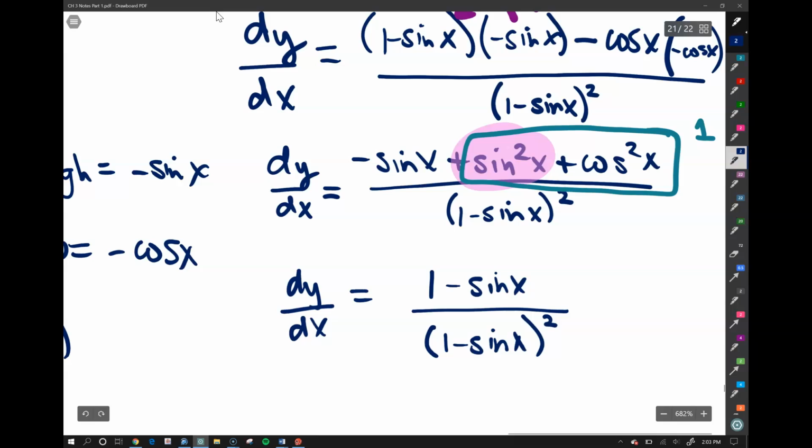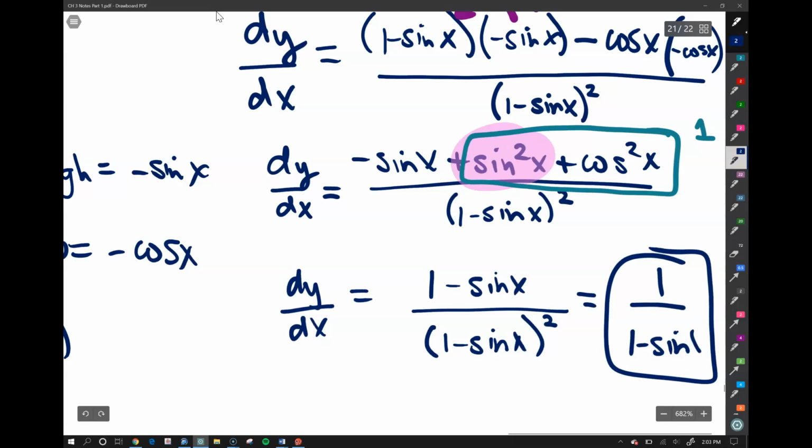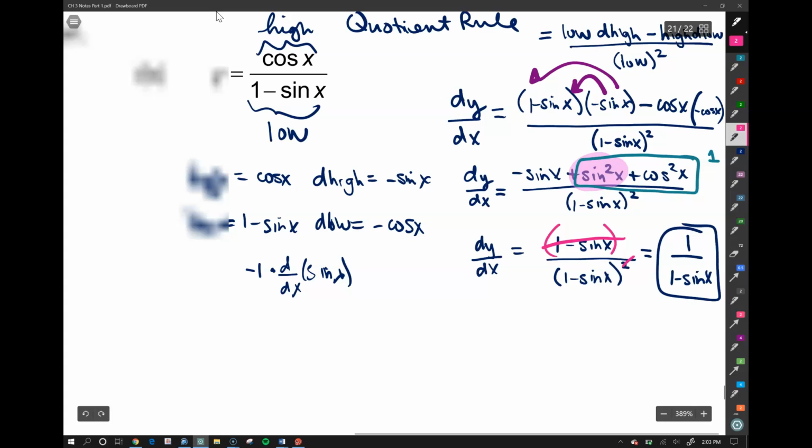Why did I not FOIL out the bottom? Negative sine x plus 1 is the same thing as 1 minus sine x. So the top and bottom compare as 1 over 1 minus sine x. Beautiful, because I can cancel out the factor on top and one of the factors on bottom.